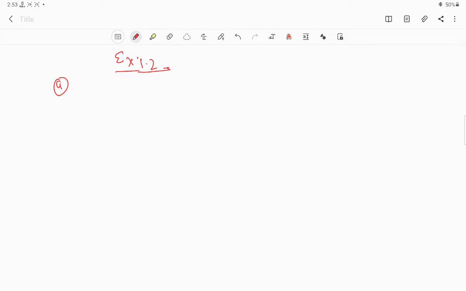See, the first question is given. There are some properties given. Which of the following statements are true and which are false?